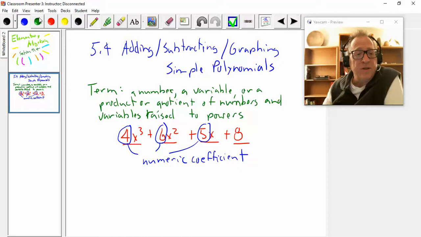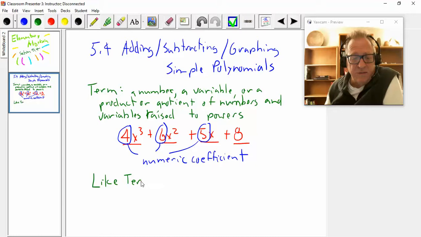Well, next we've defined terms, but even more important to the work that we're going to do is defining like terms. And what is a like term?